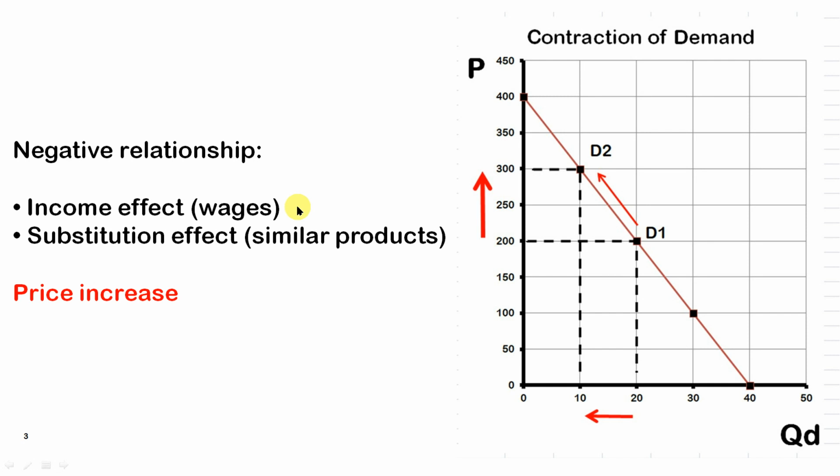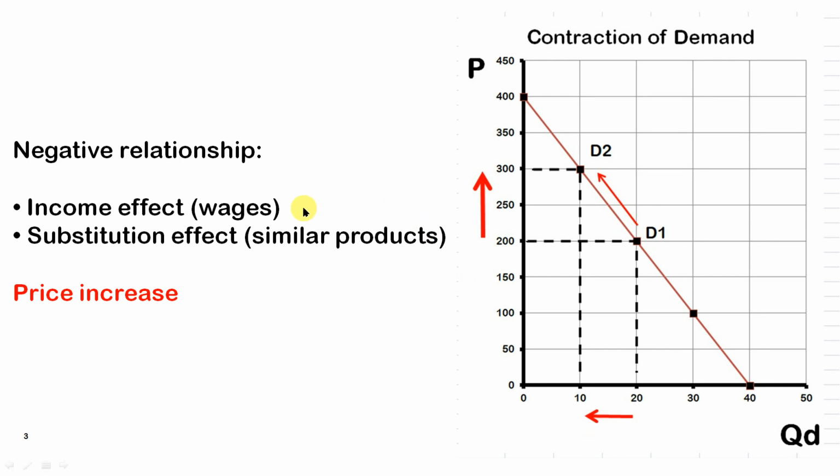The income effect, or a person's wage, earnings, their income. If you think about it for a moment, if the price of a product increases and your wage, your earnings, your income remain the same, you will have less money to spend on that product, so the quantity demanded will therefore be less.